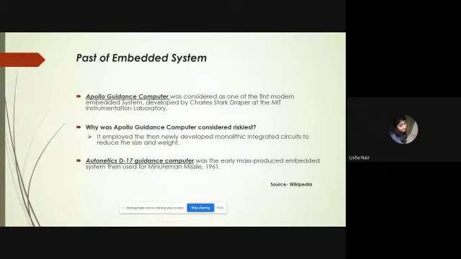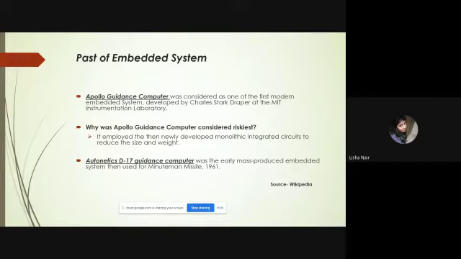But this one, Autonetics, was a mass system, which was much more critical because it was used in military support for military missiles, for missile guidance.